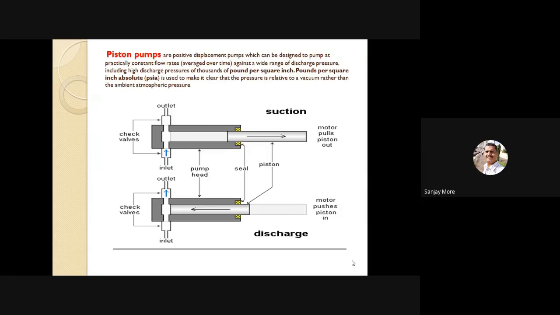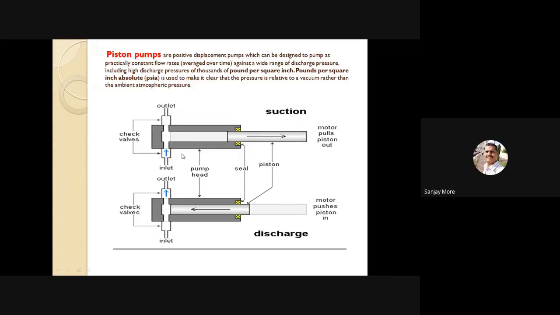This is the construction and working of the piston pump under the heading positive displacement meter. In piston pumps, there are two diagrams: one is suction, the second is discharge, meaning compression. In the first diagram, when the motor pulls the piston out, the inlet valve is open and the outlet valve is closed.